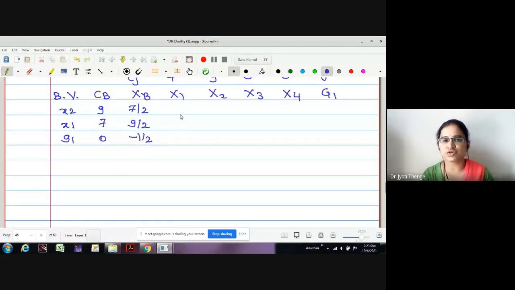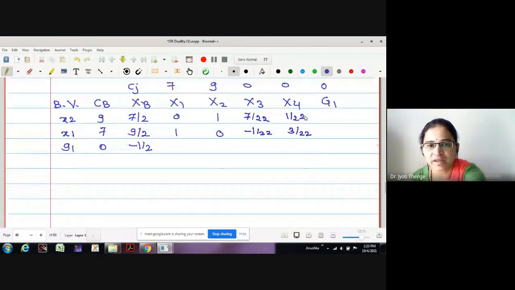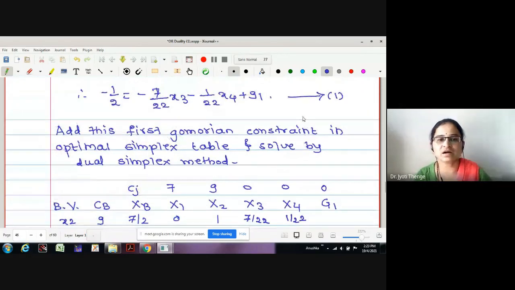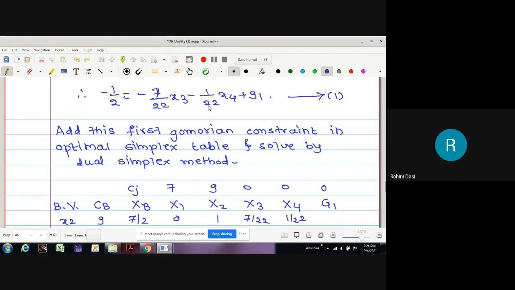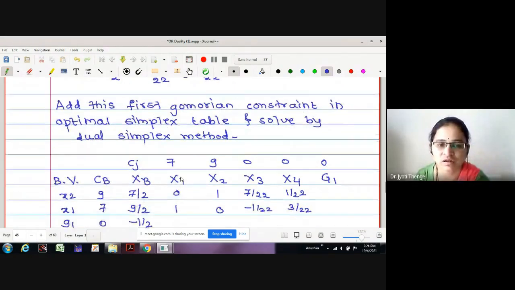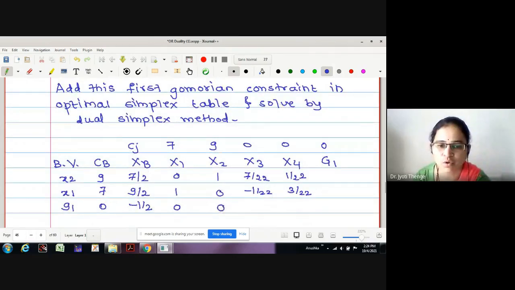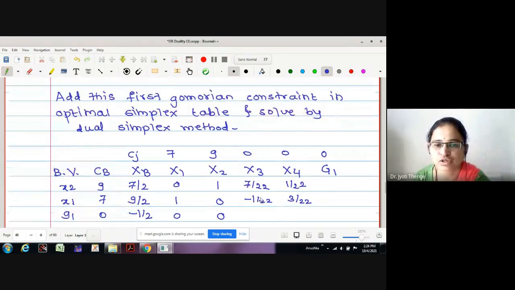So let me write the table we have previously: 0, 1, 1, 0, 7 upon 22. Here it is 1 upon 22. Here it is minus 1 upon 22. 3 upon 22. Let me show you how we are adding this constraint. Here is the constraint; the right hand side is the value of the basic variable G1. What is the coefficient of x1 and x2 in this equation? 0, 0. What for x3 and x4?